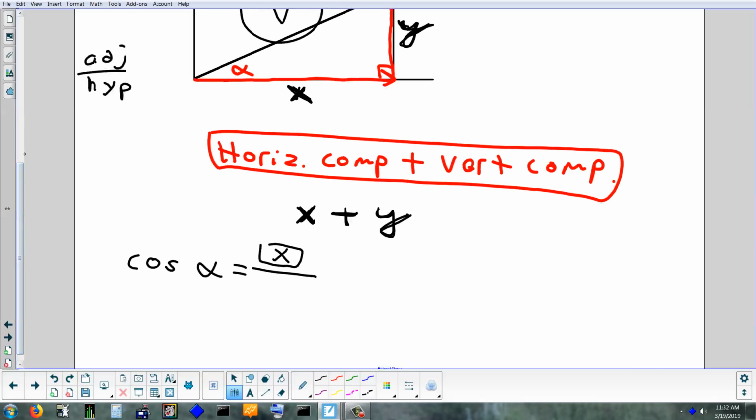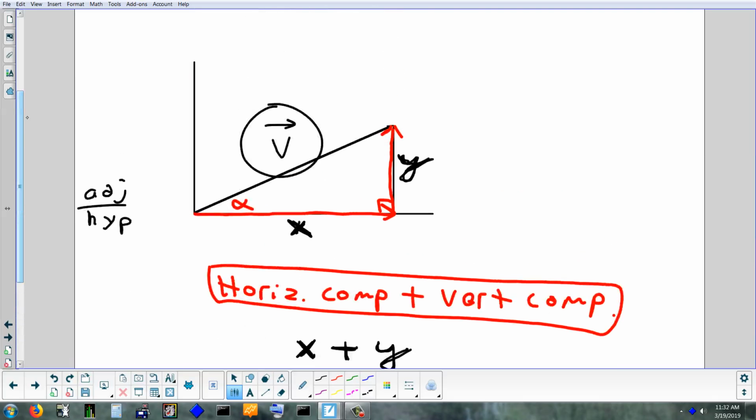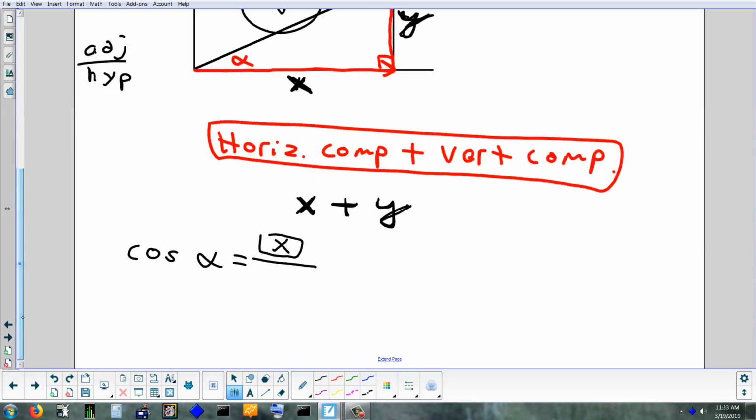Okay, and that's really just the, what do you call that? It's the length of V, but we have another name for it. Yep, it's the magnitude. So that's your formula for cosine.